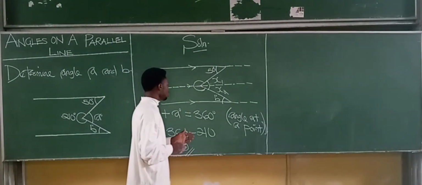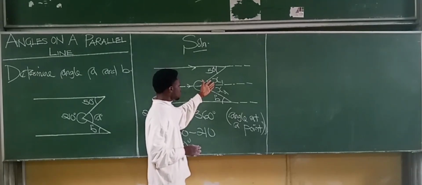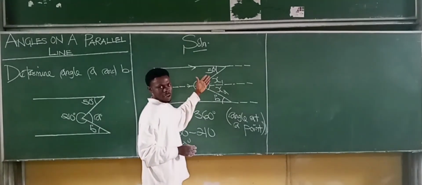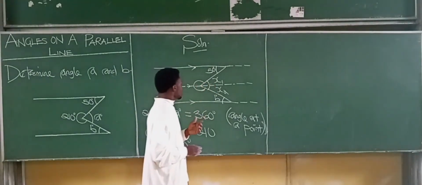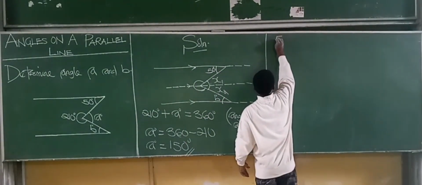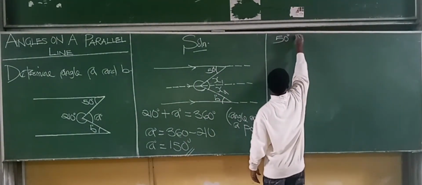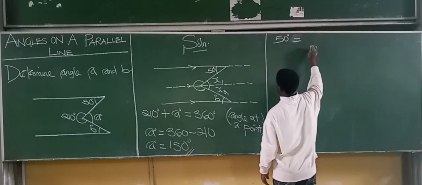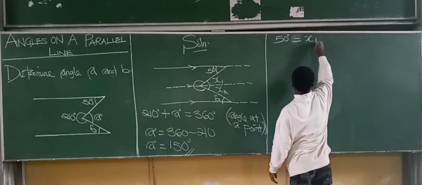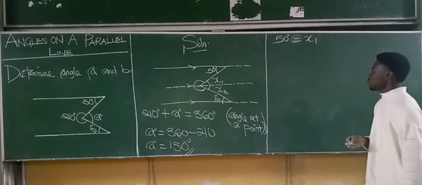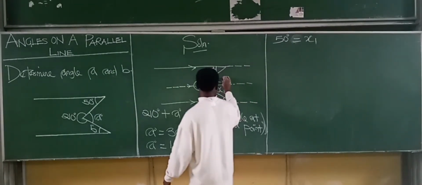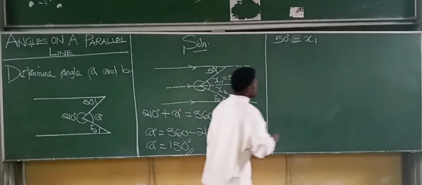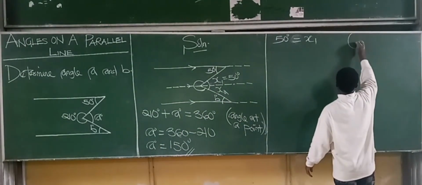So if that is so, x1 degrees is equivalent to 50 degrees. x1 and 50 degrees are the same. This is 50 degrees. Reason: alternate angles are the same.